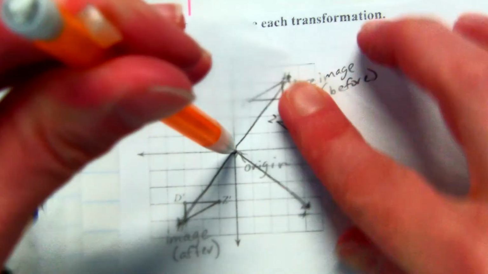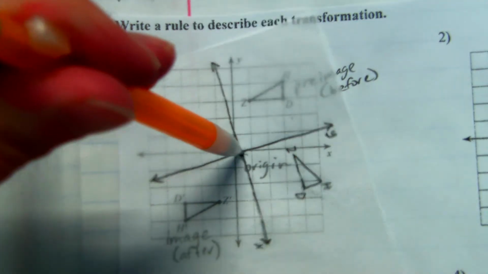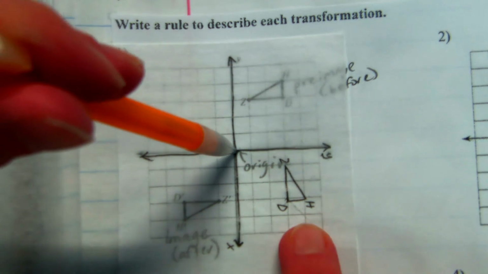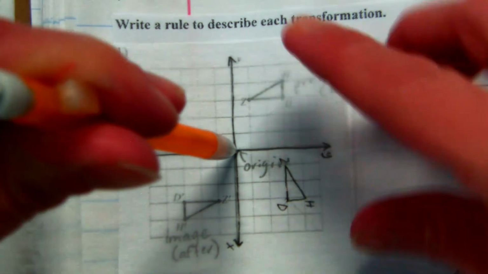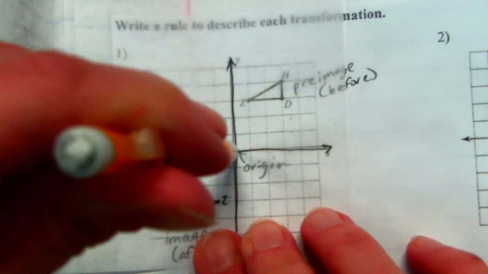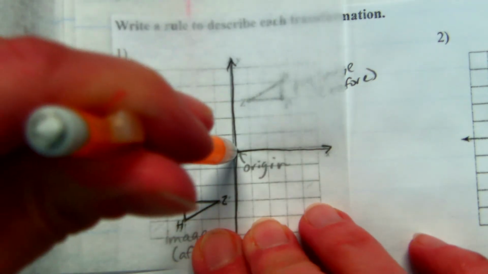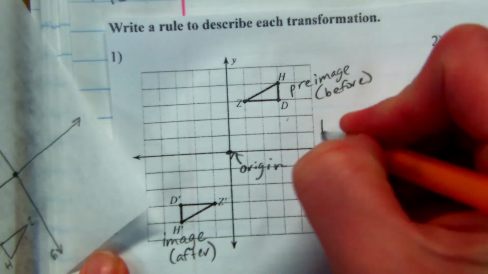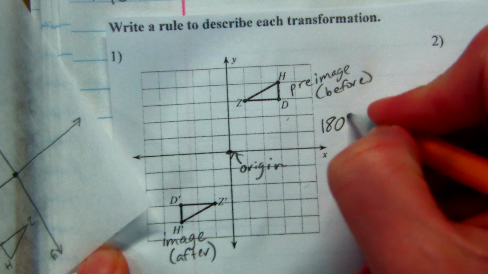I'm going to rotate it clockwise to start with. Clockwise is this way. So if I rotated it 90 degrees clockwise, that would be down here. That's 90. If I go another 90, it's going to match up. So how far is that if I went 90 and 90? 180.